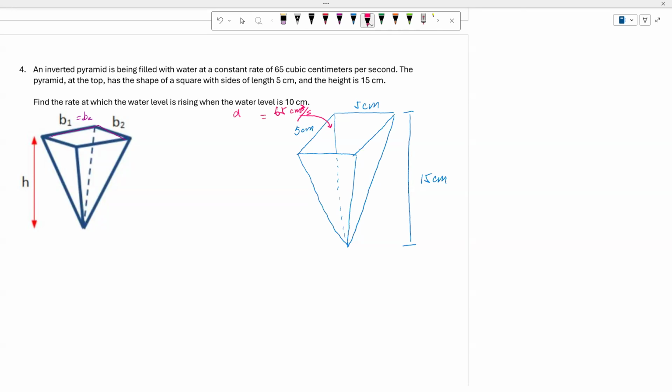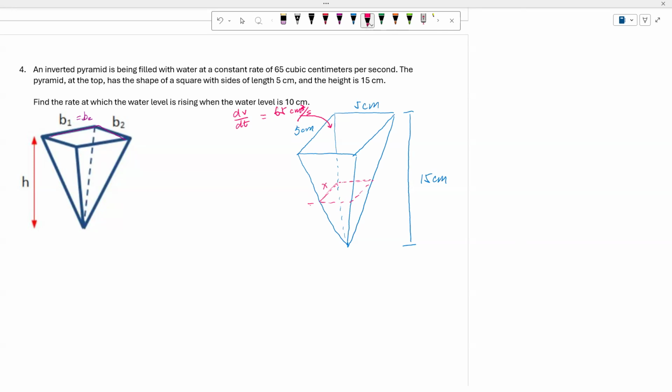So let me assign dV/dt to this numerical information. And now, when you fill in the water, what happens? The water level is rising, right? So let us look at this: this is the water that I've filled here. If I add some water, maybe I let this be X.